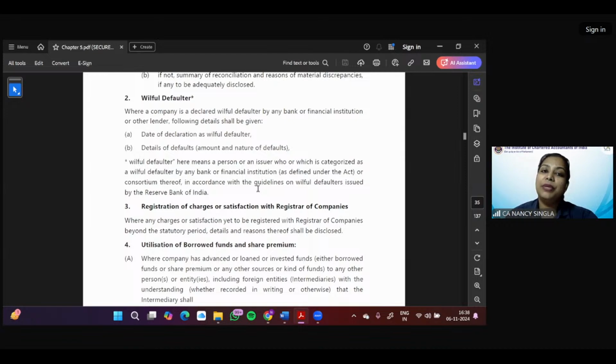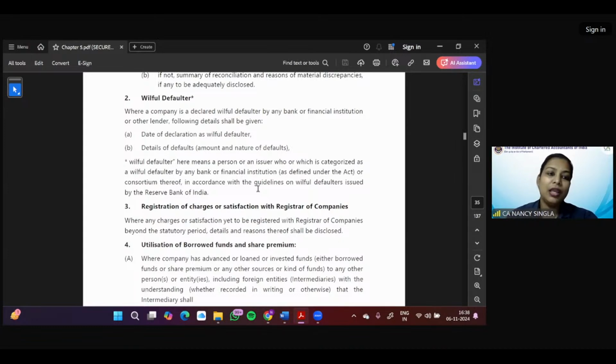So the company is itself required to disclose as additional regulatory information that we have been declared by so and so bank as willful defaulter. The date of declaration is so and so, and the details of defaults are so and so, that is the amount and the nature.